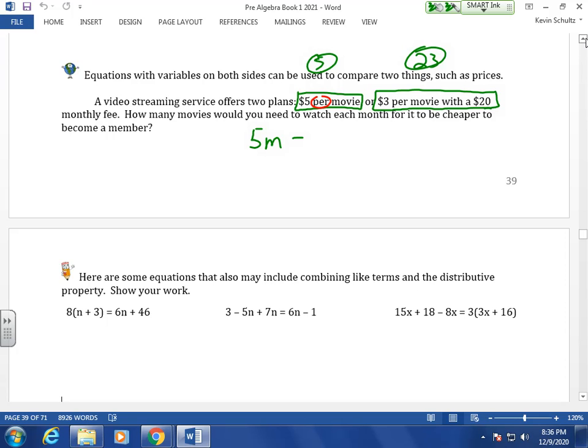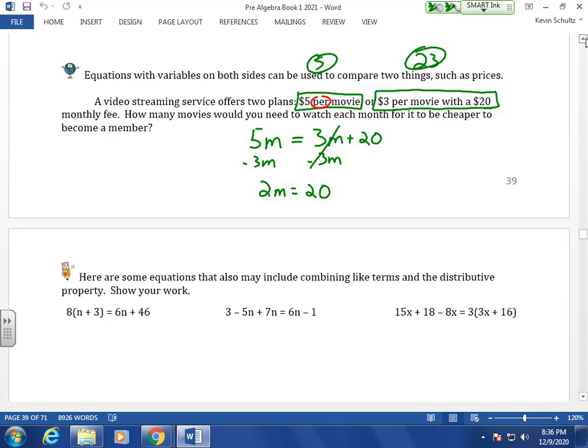When is that going to be the same as spending $3 per movie plus that $20 monthly fee? That $20 monthly fee is a constant because that doesn't change regardless if you watch one movie or 100, right? It's just a flat monthly fee. So here's our equation with variables on both sides, right? To solve this, move our 3M over to the left. 5 minus 3 is 2.